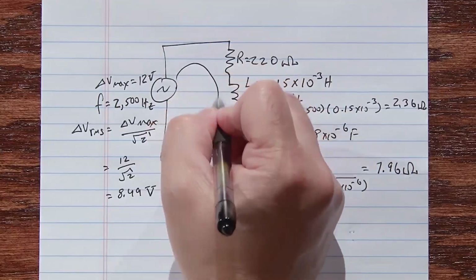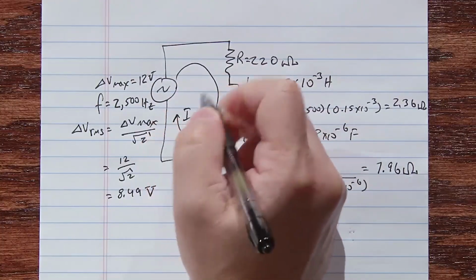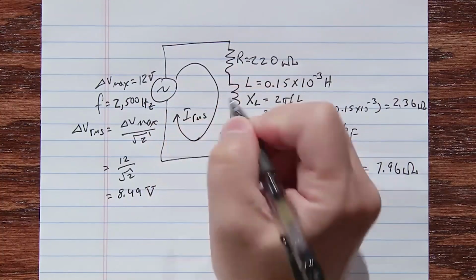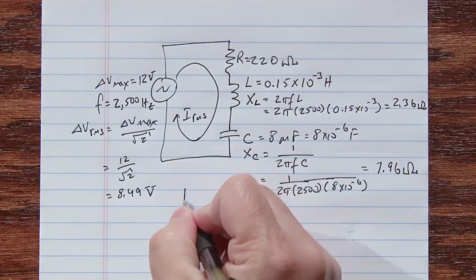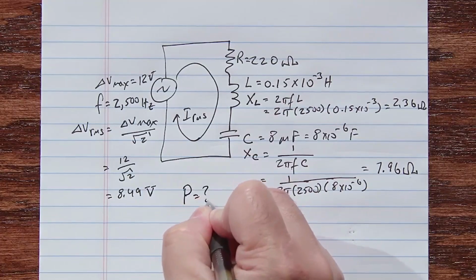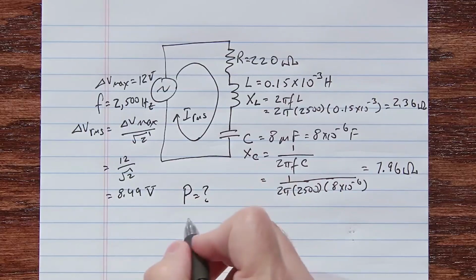Now we have a current flowing in the circuit, I RMS. And we've gotten everything we can now out of the question statement, except what is it we're looking for? We're looking for the power.